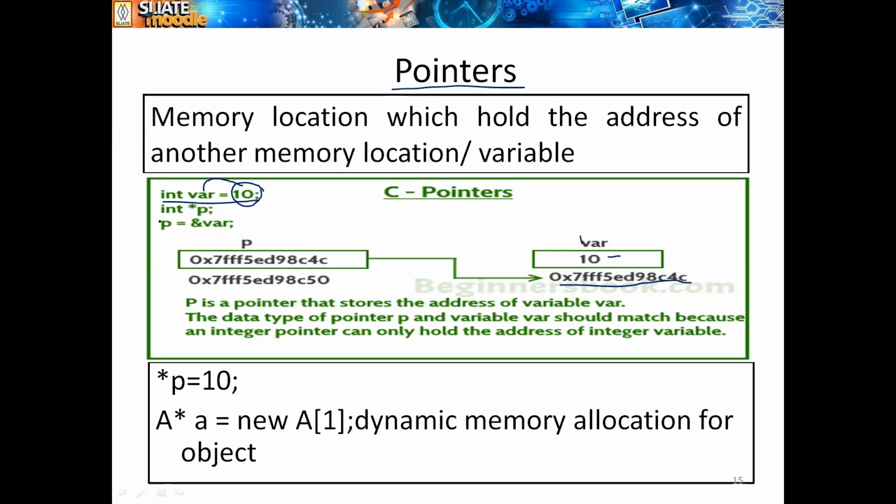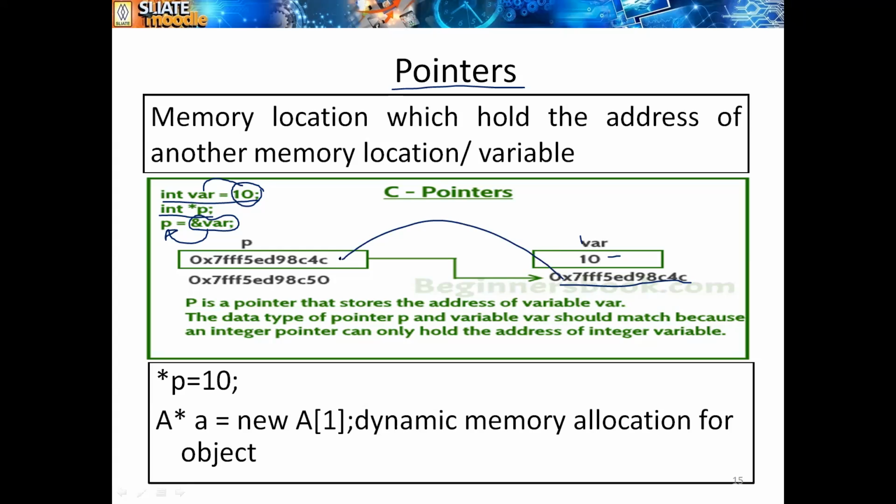After, if I define a pointer variable, right? Integer pointer variable. This means this mark is the ampersand, and &var means the var variable address. The var variable address is assigned to the pointer variable. This means that address is going to here.